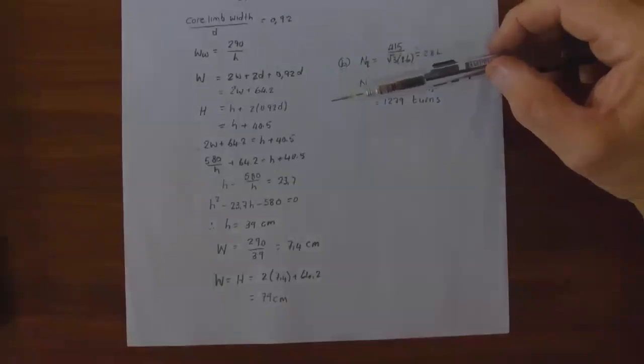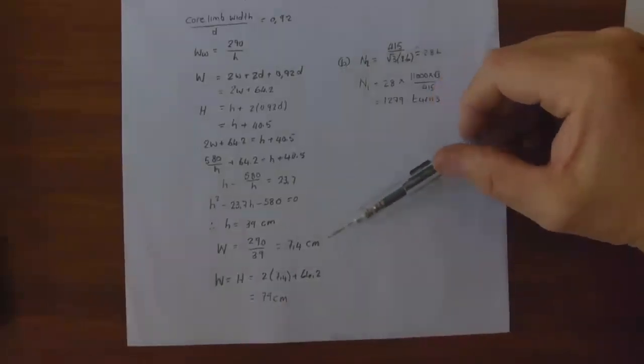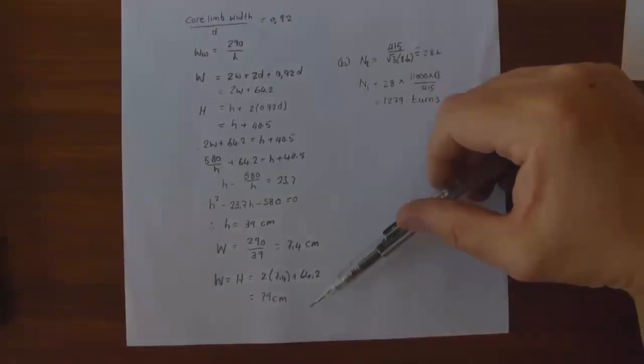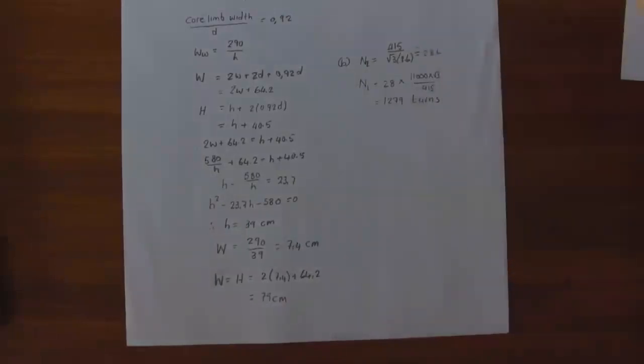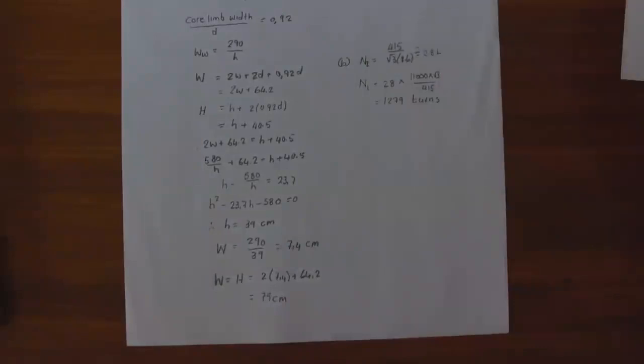And if we substitute it back, we find that the height is 39 and the width is 7.4. And the height and the width of the transformer is 79 centimeters. N2 is 415 divided by square root 3 divided by 8.6, which is the number of turns per volt. That gives us more or less 28 turns. And then N1 becomes 1279 turns.